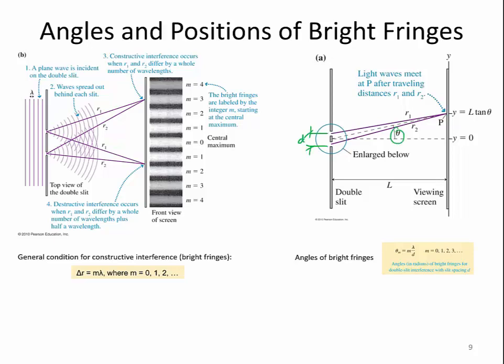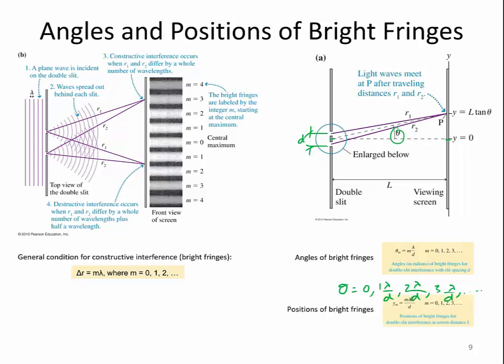Since there are many angles, one of the angles is going to be 0. These angles are measured based on the midpoint between the two slits. So the very first angle is going to be 0 degrees, and then there are going to be other angles. So that's where this m comes in. You can see that the angle is going to be 0, 1 times lambda over d, 2 times lambda over d, 3 times lambda over d, and so on.